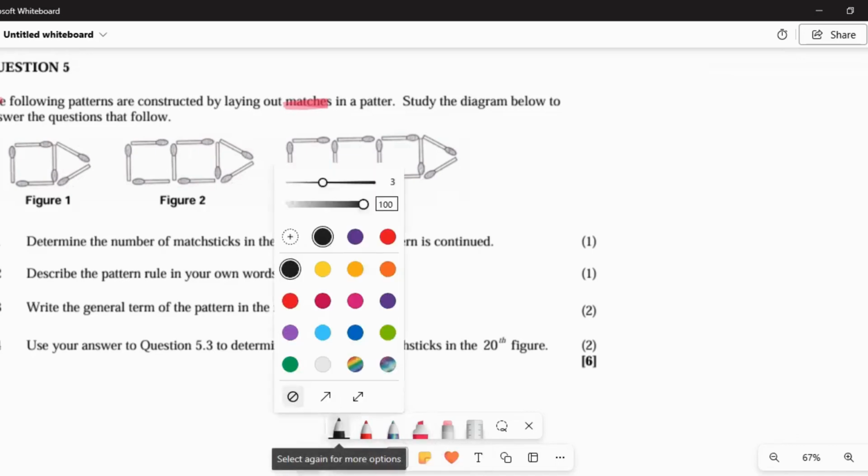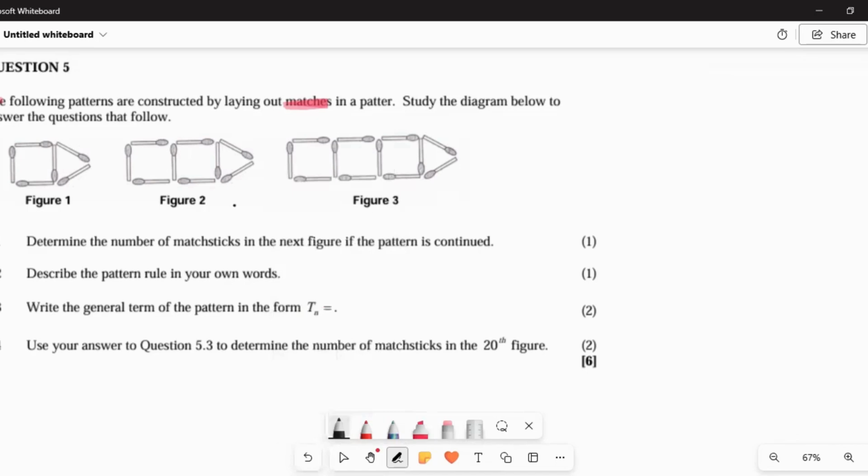My advice is that instead of saying figure 1, another word for it is term 1, because we are familiar with using terms. So it is term 1, and then you have T2, term 2, and term 3, and so forth.